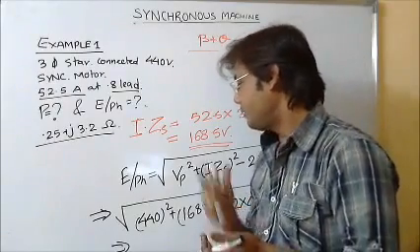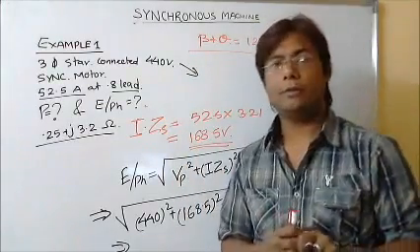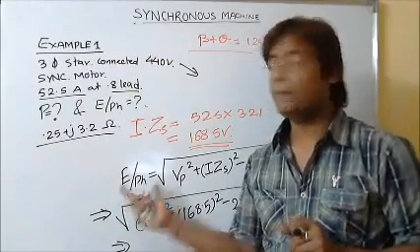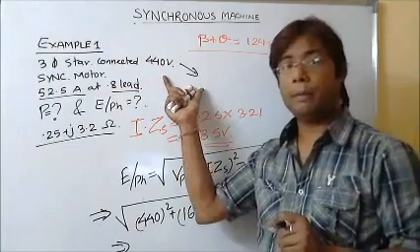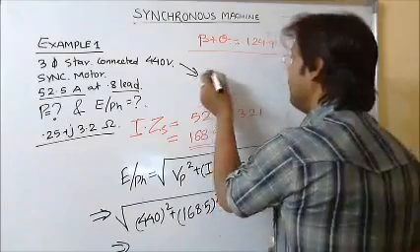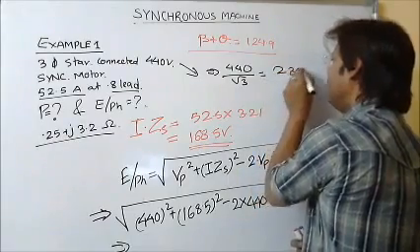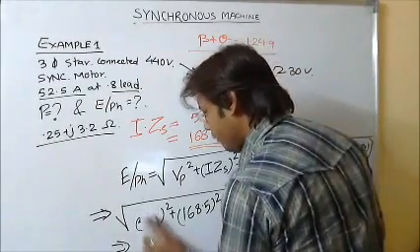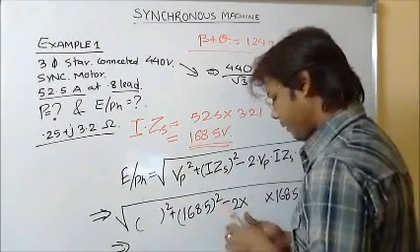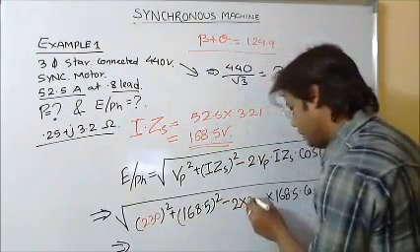One thing which we have not included, extremely sorry for that: this is 440 volts for three phase. Since I am asking about the E per phase, I have to convert this into V per phase first of all. This is the VL right now given, so I have to convert it into V per phase. That will be 440 divided by root 3, which equals 230 volts. So here this will not be 440, it would be 230.